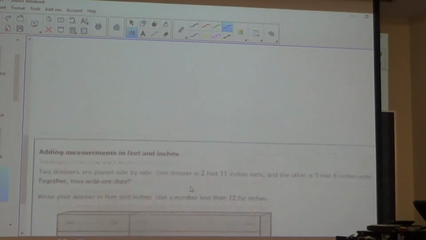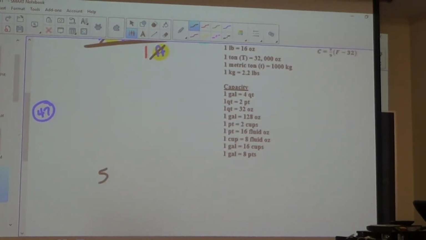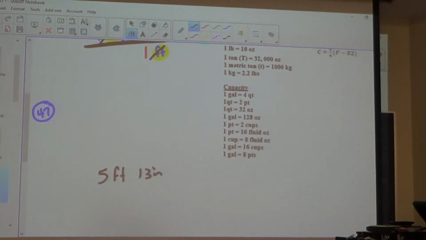Now, if somebody told you, let's say your baby daddy was 5 feet 13 inches. Do you agree that doesn't make sense? Listen, girls, 5 feet 13 inches. What looks wrong with that answer? There is no 13 inches. What is the most inches I can go? 12.